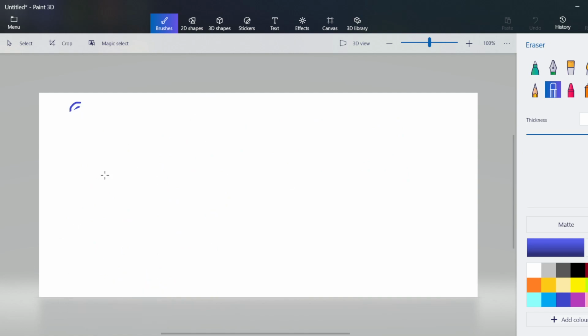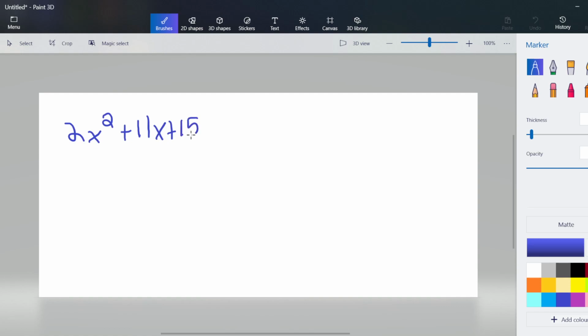Now we're going to do a complex trinomial. So let's do 2x squared plus 11x plus 15.